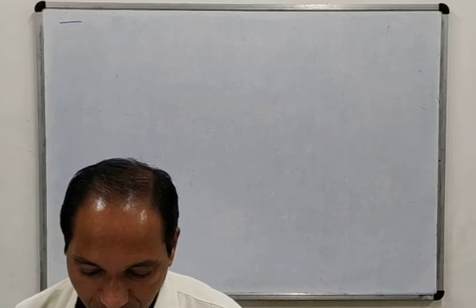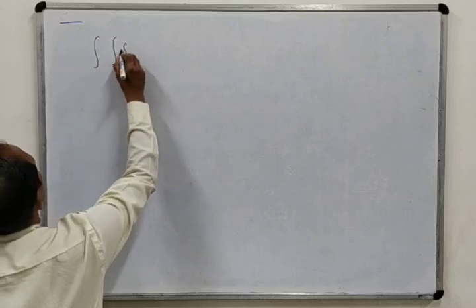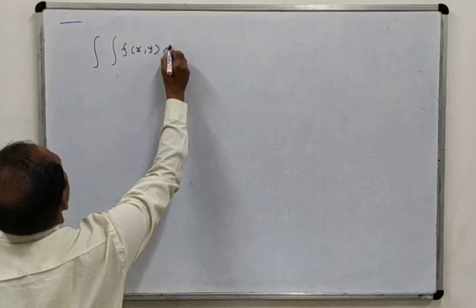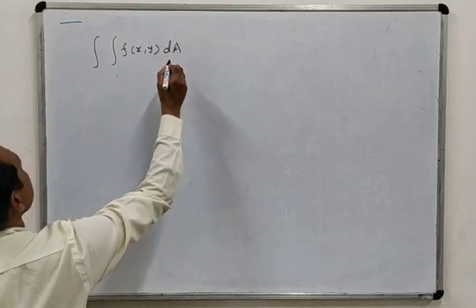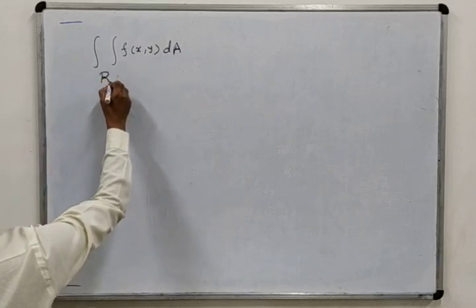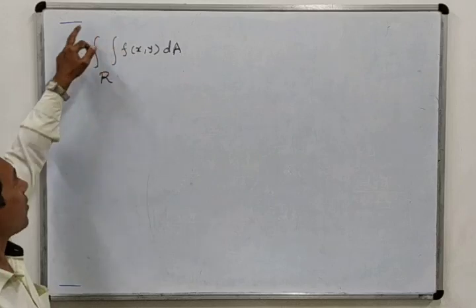Okay? So here we want to see double integrals where the integration is of the form, suppose, f(x, y) dx dy, and from now on we will write this as dA over R. That means the limits of integration are not given.